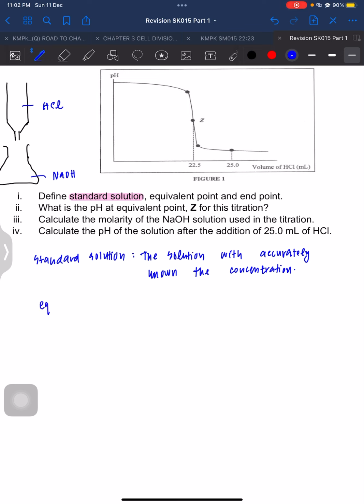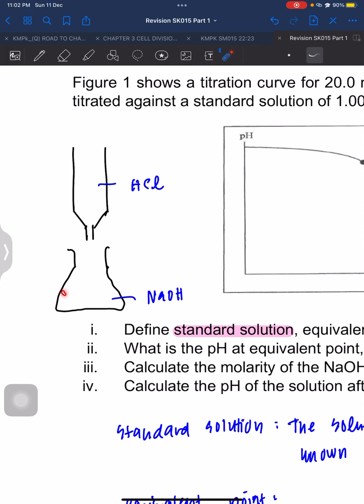And how about the equivalent point? Equivalent point is where we have our acid, we want to titrate, we want to produce the neutral solution. So when we titrate the acid into the sodium hydroxide, there is a point where all the acid and all the sodium hydroxide have finished reacting. Okay, they have finished reacting with each other.